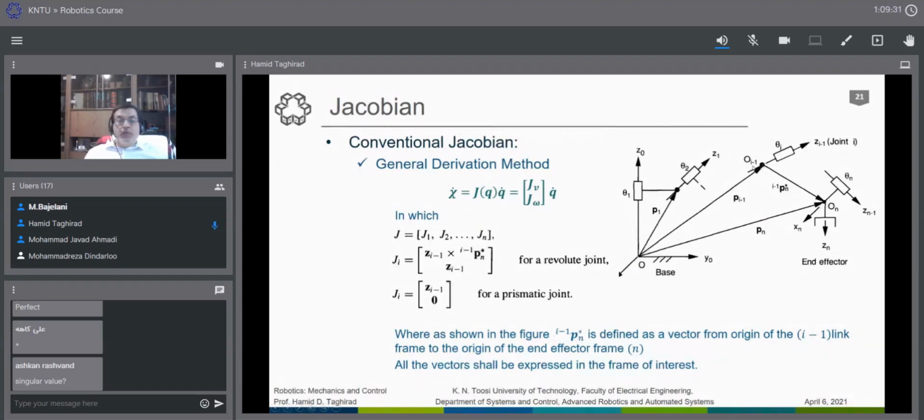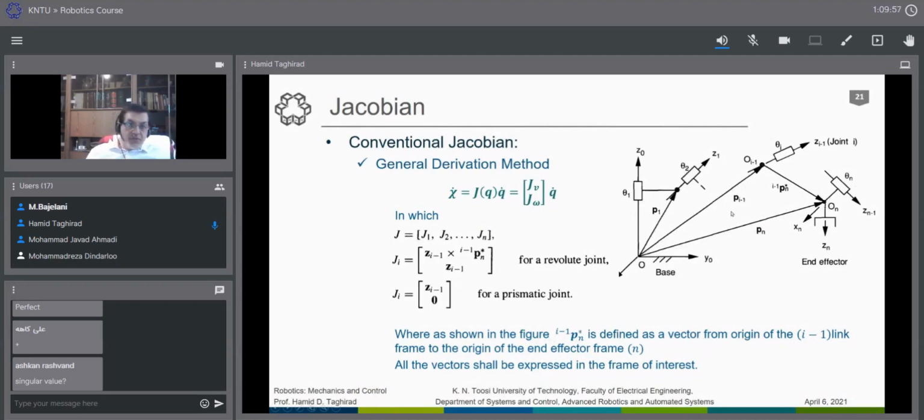Of course, this could be found by intuition, very simply, or it could be found iteratively or by definition. If I have Pn and I have Pi minus 1, I can just find this vector by the subtraction of these two vectors.